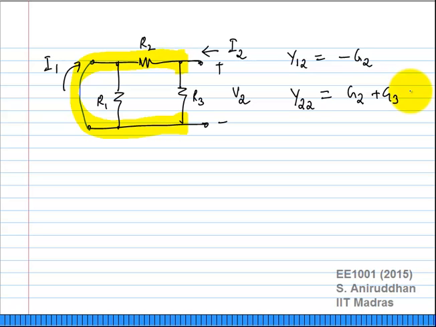Is that clear? You don't need to know what is there inside the network. That is the whole point. So you can figure out whatever voltage or currents you apply, what will happen outside the network. Obviously inside the network there may be many things going on, but what will happen outside the network, you can figure out very easily.